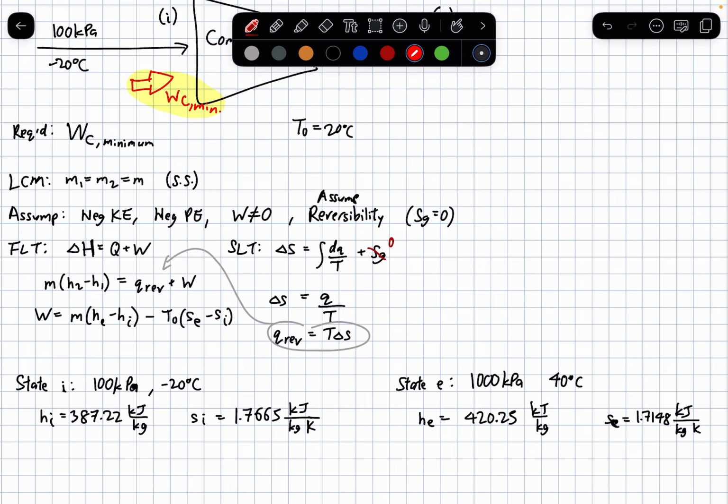Minimum compressor work. It's a capital letter, no? So I guess that's another rule. There are so many exemptions, bro. It's crazy. Thermodynamics is crazy.